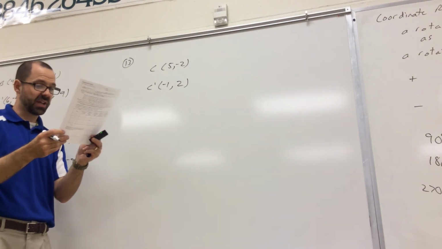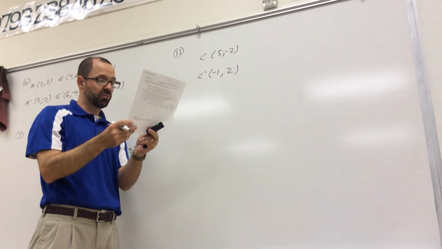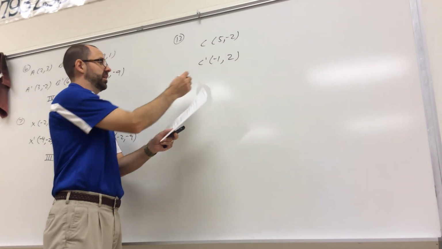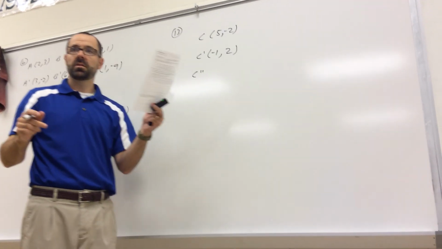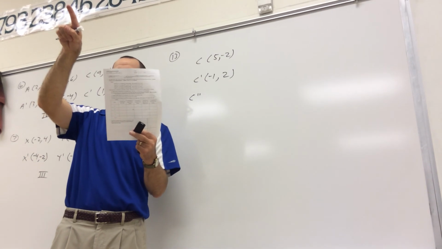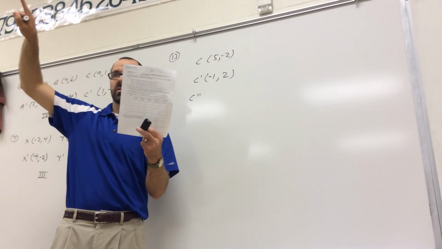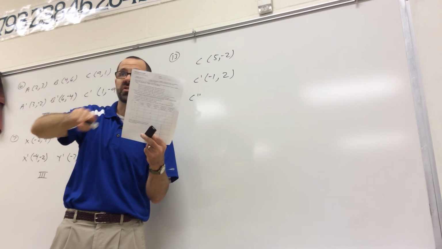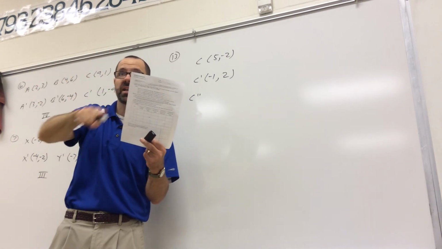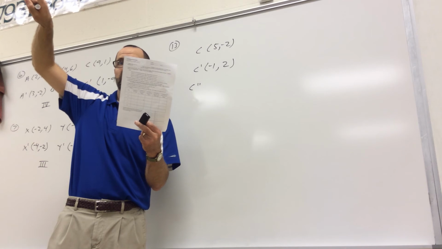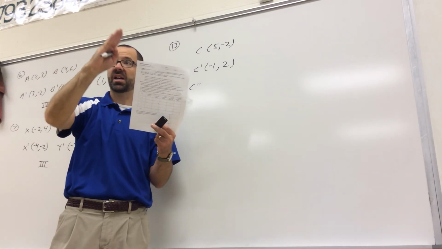Okay, but then something else is happening. Then it's rotated -270. Okay, so negative is this way. So it's 3/4 this way, right? -270. That would be the same as +90.